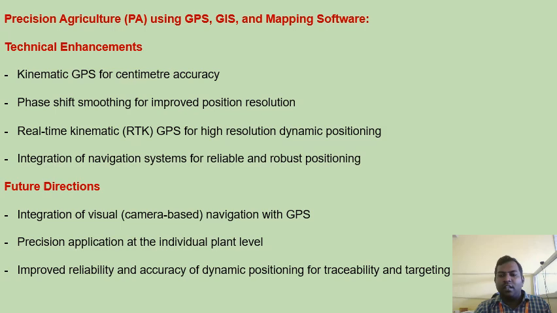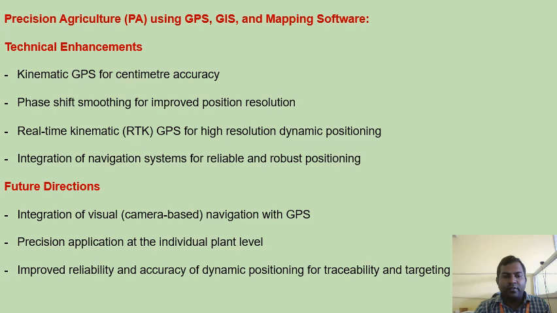These navigation systems provide more robust positioning, which is needed for precise handling of agricultural crops, for example, for sowing seeds, removing weeds, and fertilizer application.